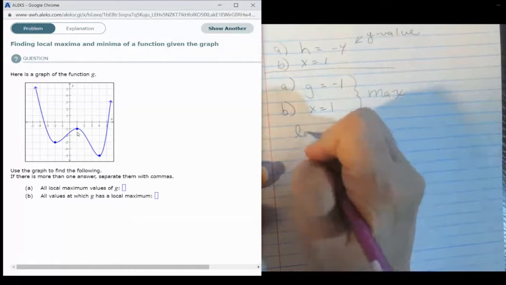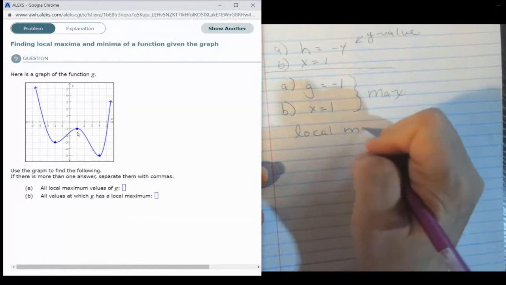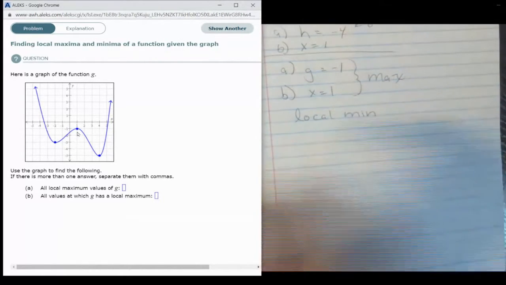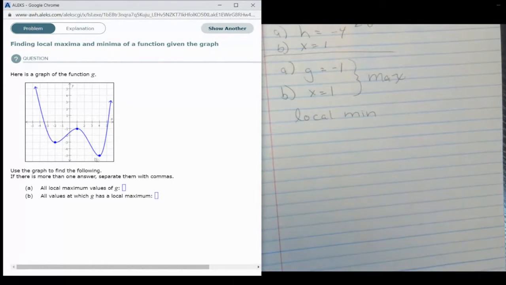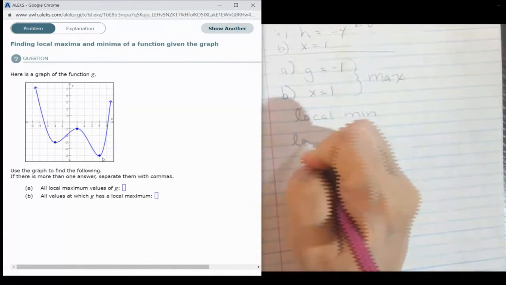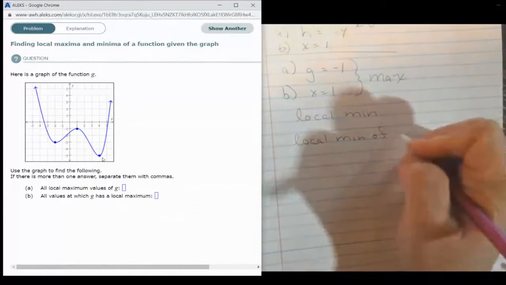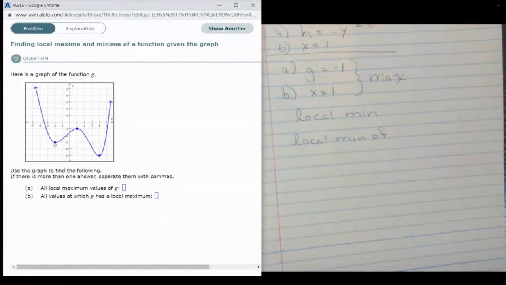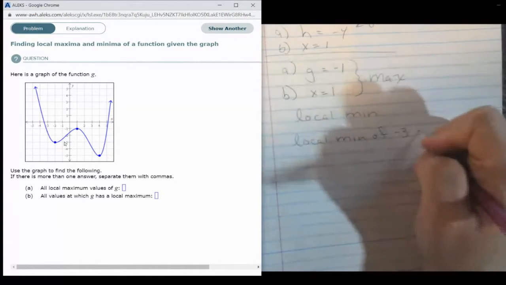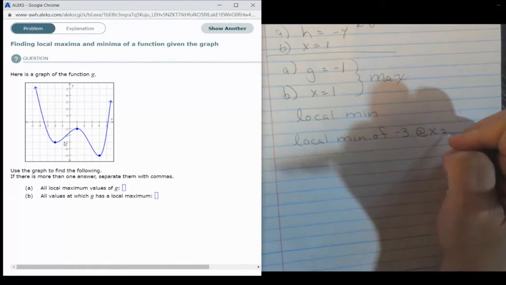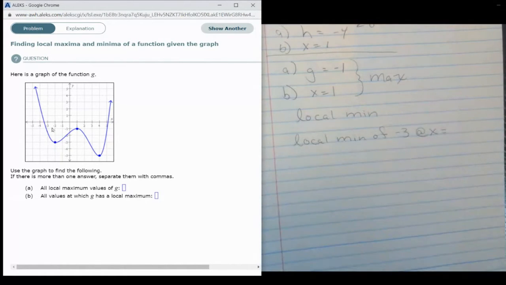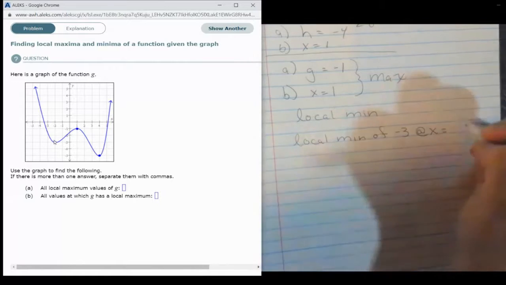If we look at the local min, notice there's 2 low sections depending on where we're looking. So there would be 2 minimums. There's a local min of, if we look at this first one, -3 at x equals -2.